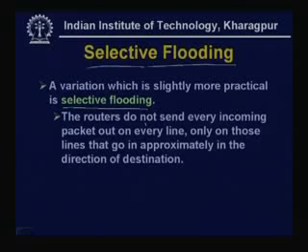That weightage can be used to decide whether it is going towards the destination or in the opposite direction of the destination. Later on, in the next lecture, we shall discuss it in more detail. So, this selective flooding also restricts the number of packets in the network.